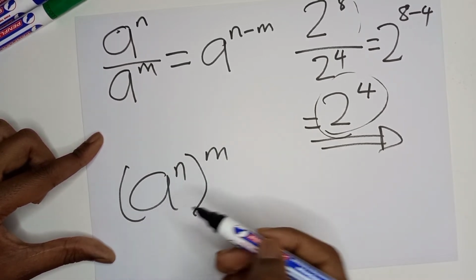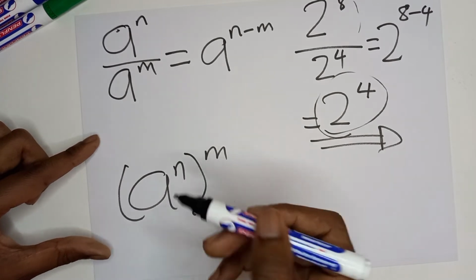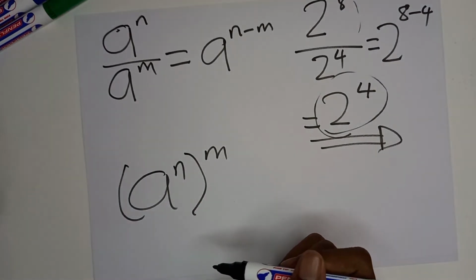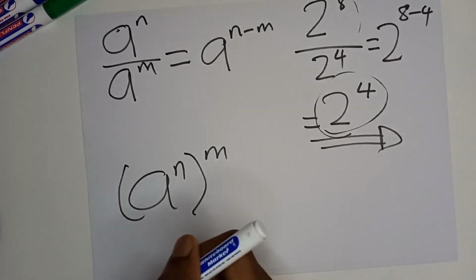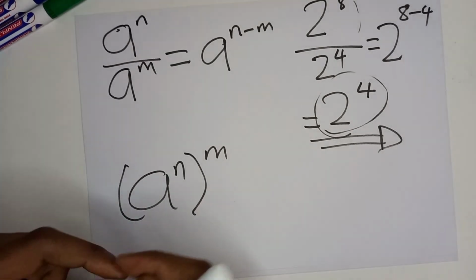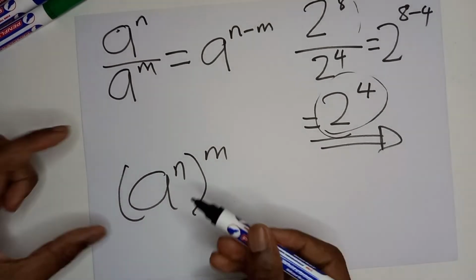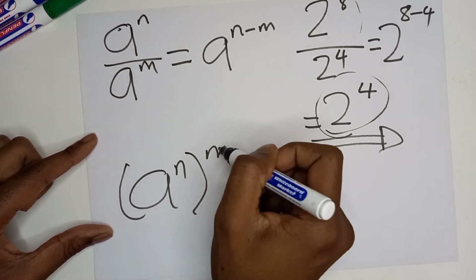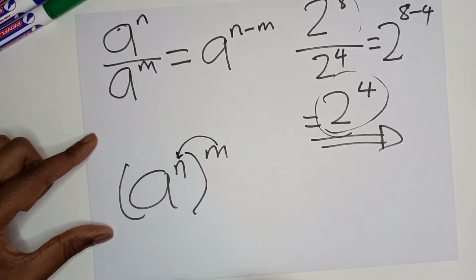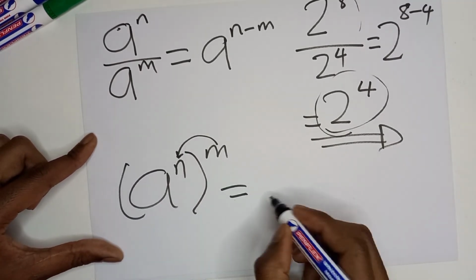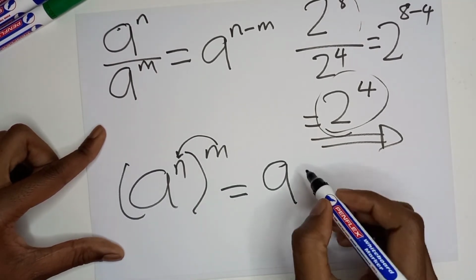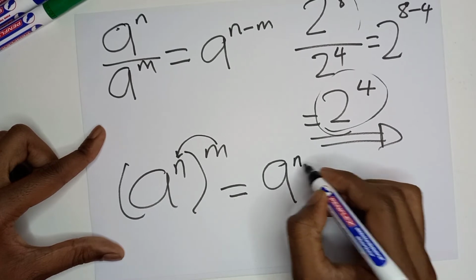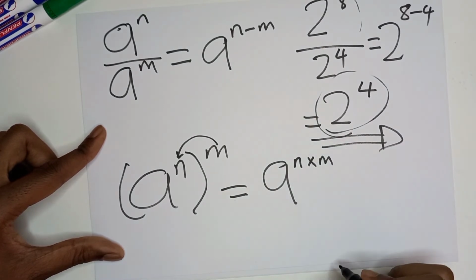In this case, you apply the same rule you used when doing brackets in grade 10, where if you have a bracket, you multiply what's outside with what's inside. Since we're working with just the exponent, you multiply the exponent outside with the exponent that is inside. So this gives you a to the exponent of n times m.